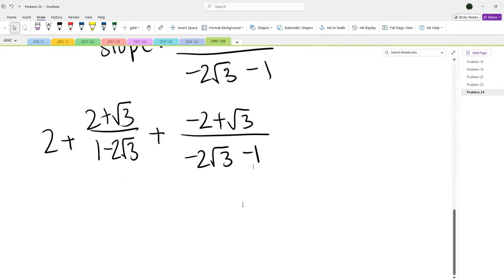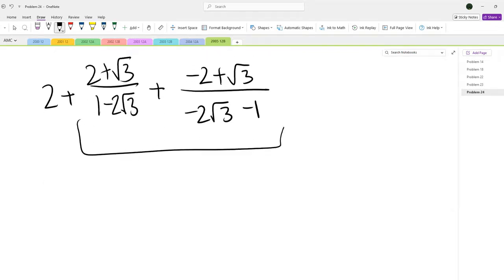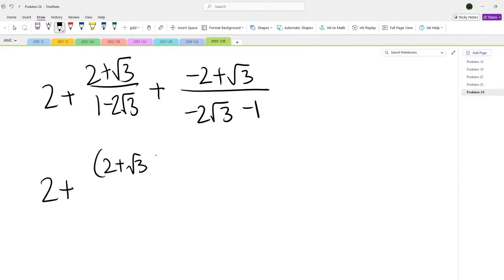And now we want to rationalize these two fractions. Or first, add them up anyways. So 2 plus root 3.